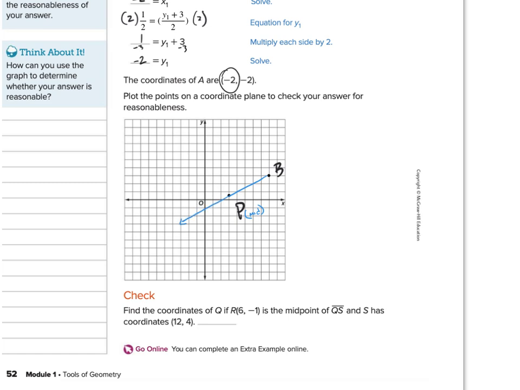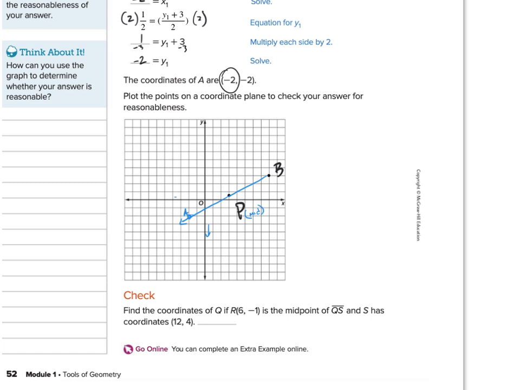So is -2, -2 reasonable? It's reasonable looking at it, I know that I am going down here into my negative values, and this is negative values this direction. So both of my values are going to be negative. That is reasonable.